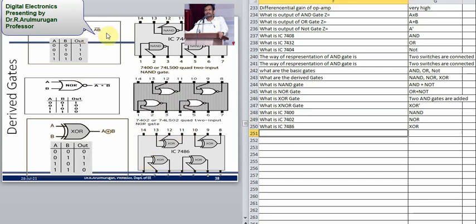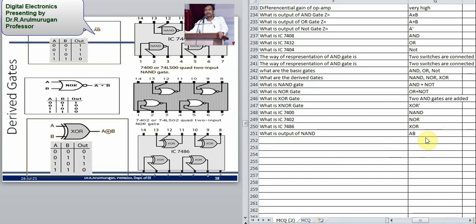Here is a question: what is the output of the NAND gate? AND plus NOT is called NAND. The output is (A B) whole bar, or you can say A bar plus B bar.